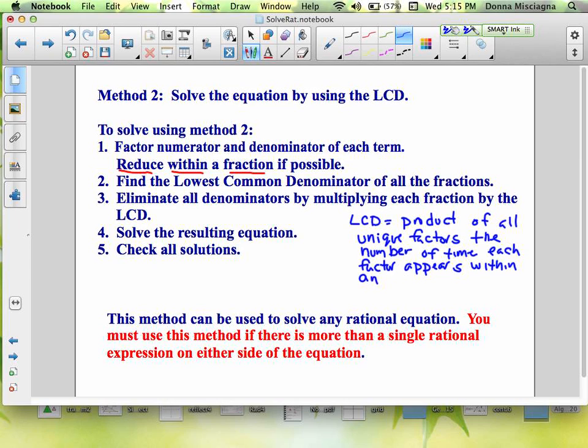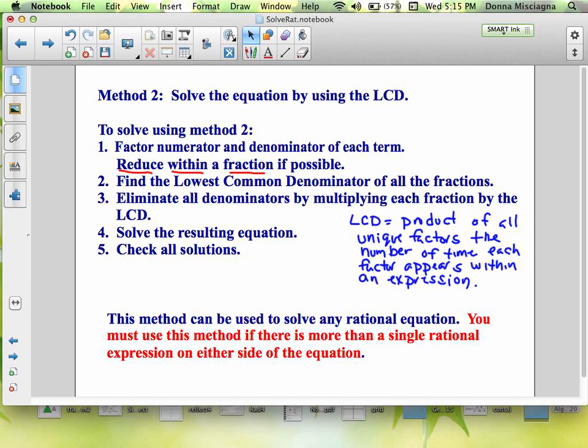So, in other words, it doesn't matter if there are 3 terms that need an x. If nobody needs more than x to the first power, then that's all we'll need. Right? And once you see how we determine the least common denominator, I think you'll get the hang of it.